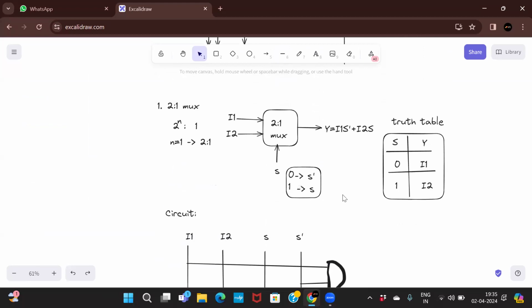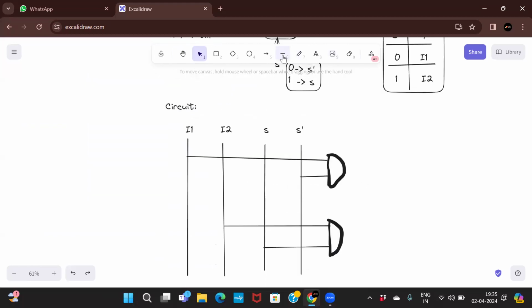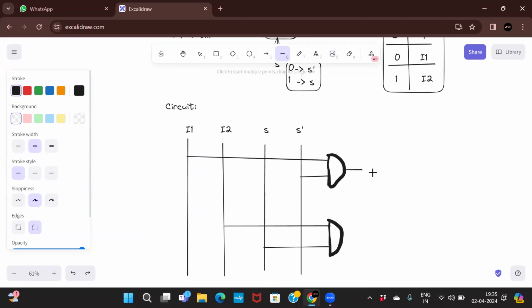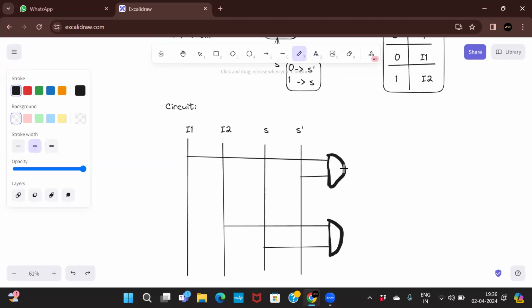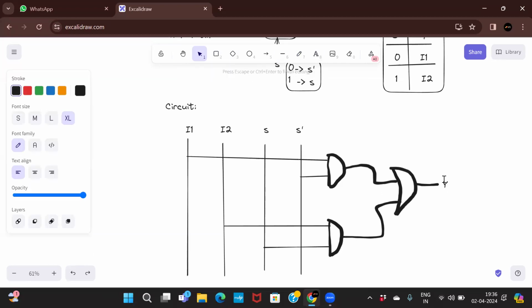And similarly, I2 into S. Just connect I2 and S. Now we need to connect the outputs here.